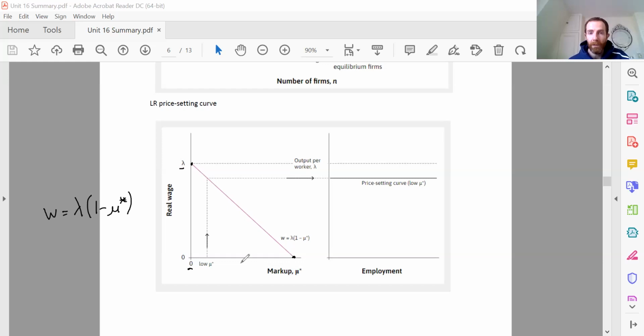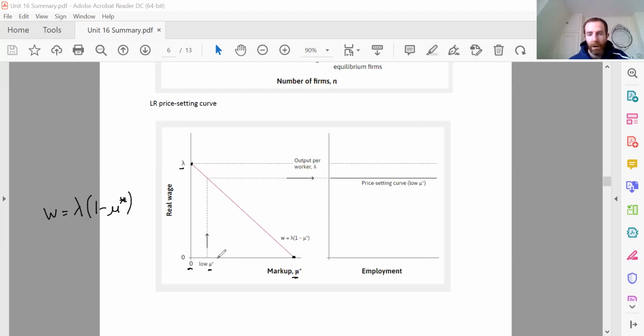So we have seen from the first part of the model that the number of firms and the equilibrium markup will be determined from those first considerations. And that's going to give us a particular level of mu star. So imagine that it's, say, here.